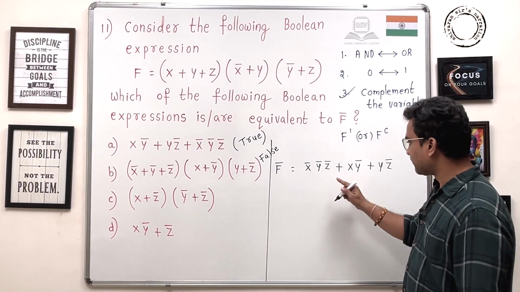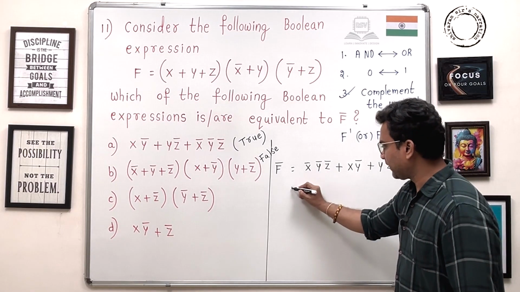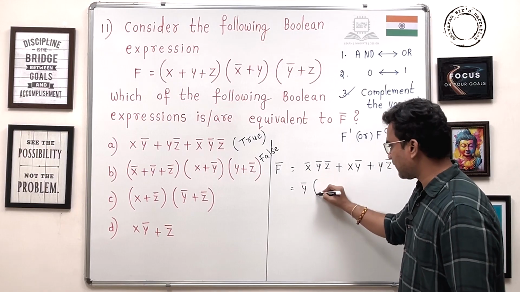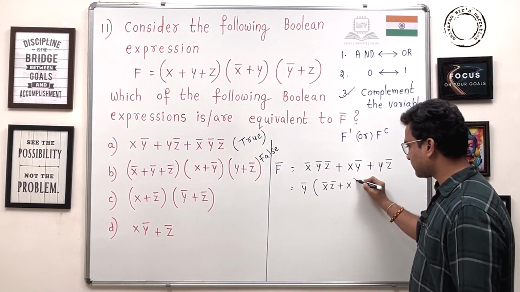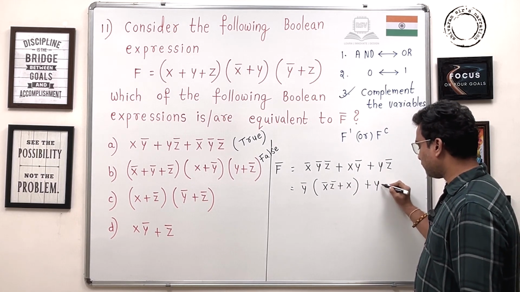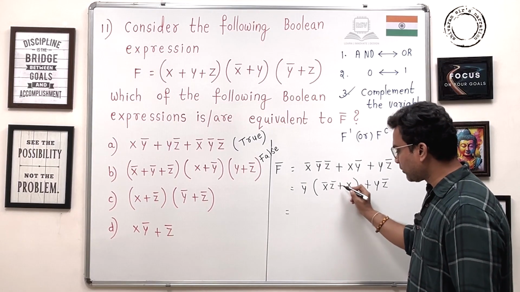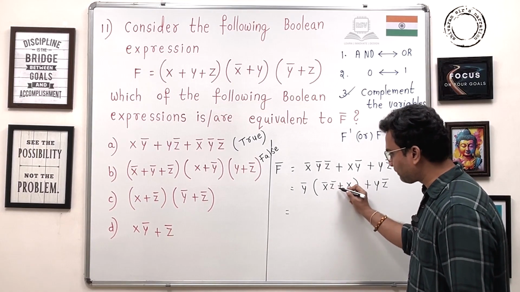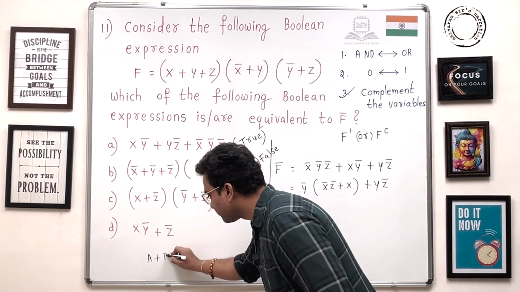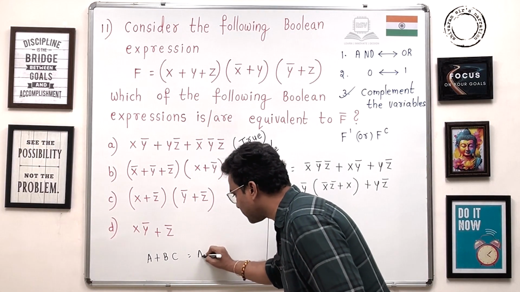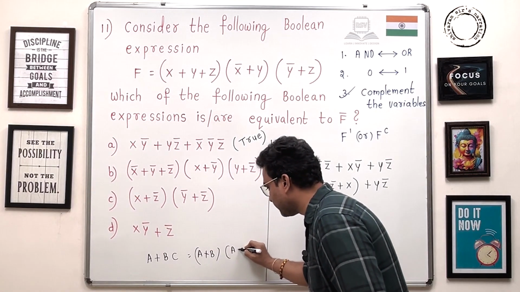Now here y bar is common, therefore you can take y bar as common: y bar into x bar z bar plus x plus y z bar. Again here you can use the distribution theorem, a plus bc. How can you write a plus bc? Like a plus b into a plus c.